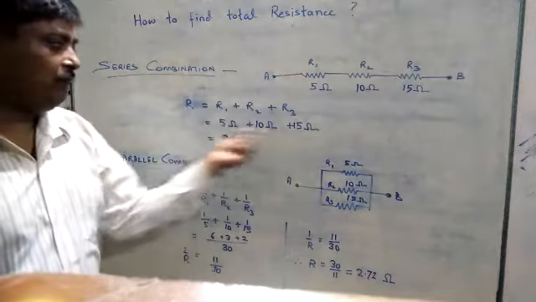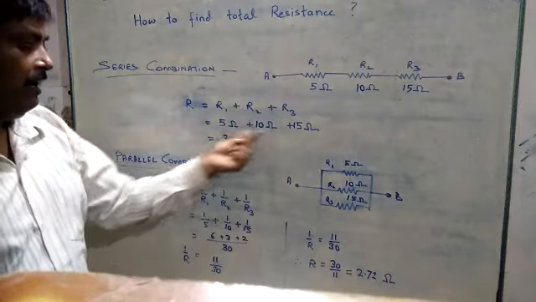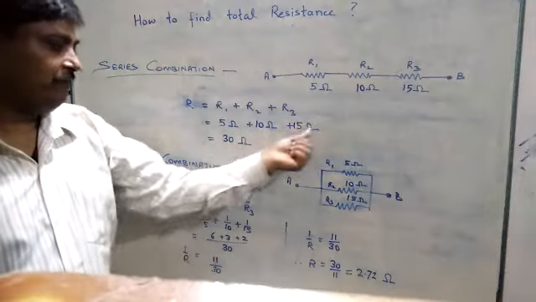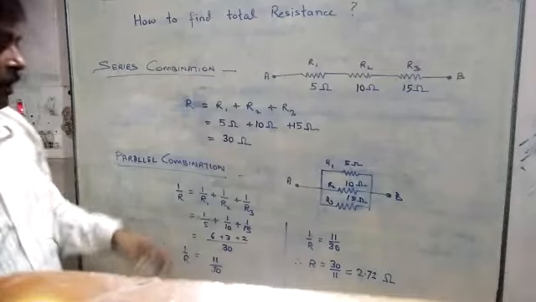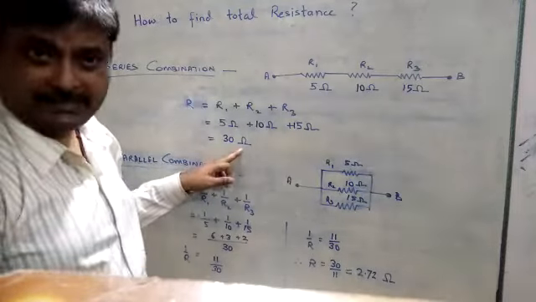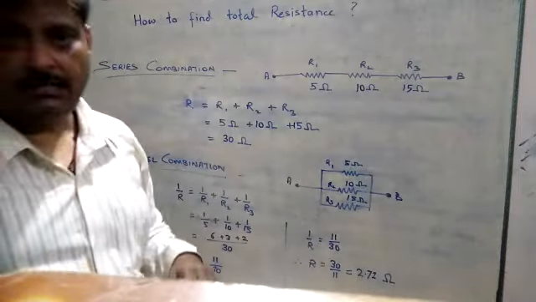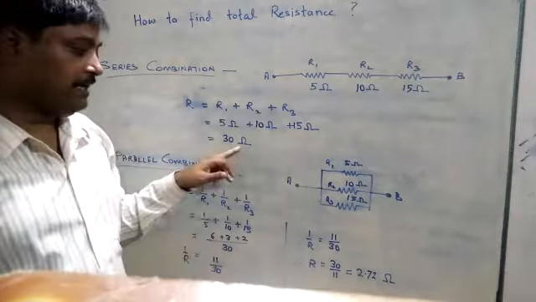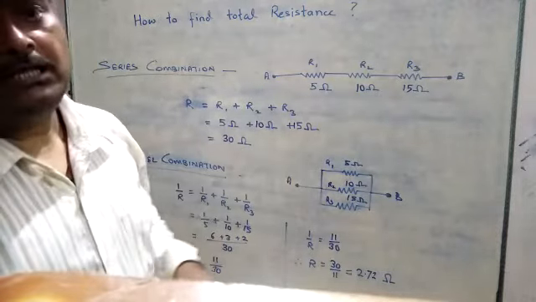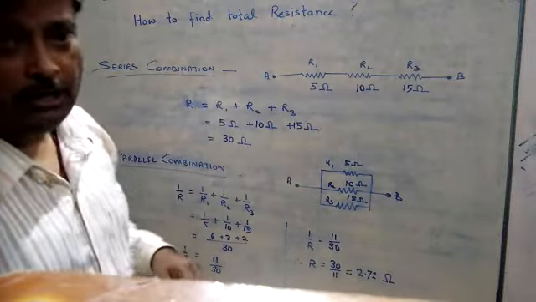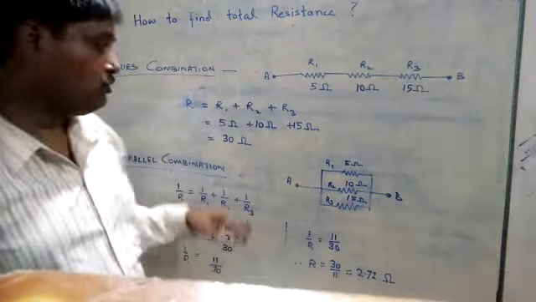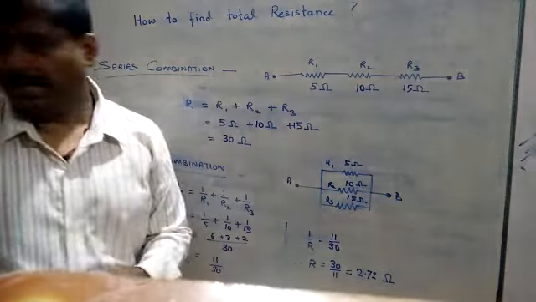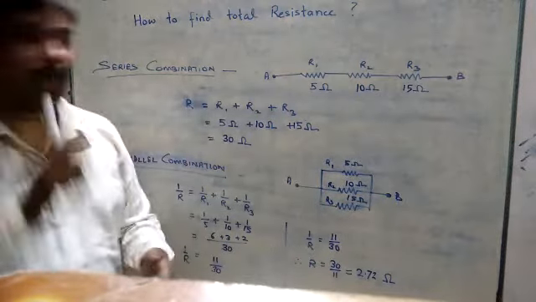On adding all three, 5 plus 10 is 15, and 15 plus 15 is 30 ohm. You need to write the units whenever you are doing physics numericals, because if you do not write the units, you are not defining the quantity. So the unit must be written in every numerical, remember that.